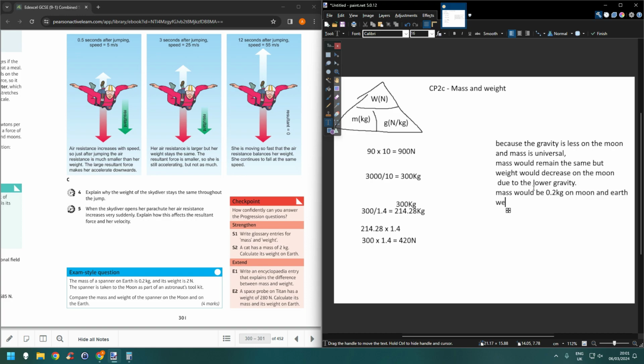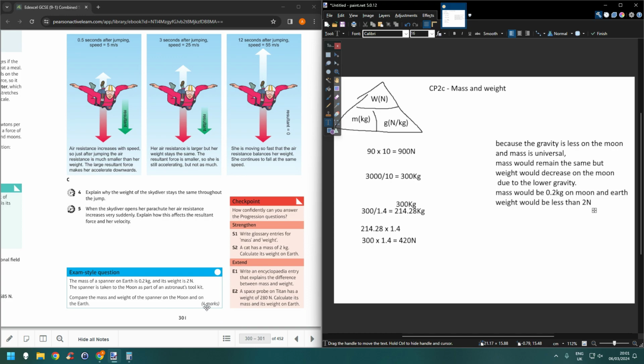Weight would be... I think we're going to have to calculate this, aren't we? The weight is 2 newtons. Oh no, we're not going to have to, because we just say weight would be less than 2 newtons. Because if it hasn't given us the gravitational field strength of the moon, we don't have to work it out.